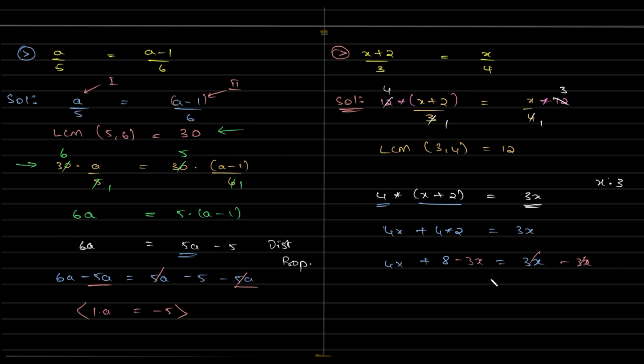So we have this and this getting cancelled. So basically that is 0. And 4x minus 3x, that is x, because they are like terms, right? And you just need to add and subtract the coefficients. Just keep the variable, remember. Plus 8. Now, how do you eliminate plus 8? Minus 8 on both the sides. So x is equal to negative 8, and that is your answer.